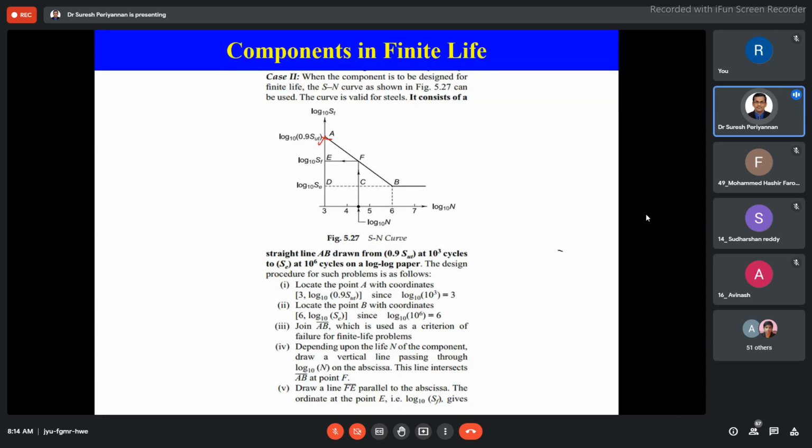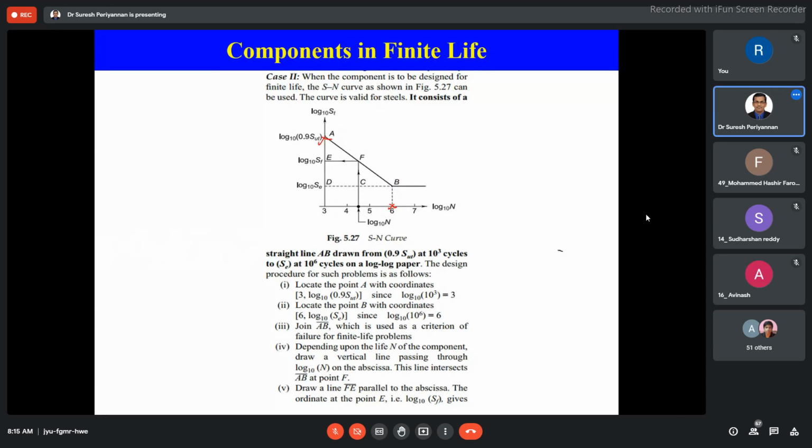This is our infinite life, the endurance strength. We are considering infinite life on the y-axis as standard. On the abscissa, we are considering log scale based on 10^6 cycles, because this is under high cycle fatigue life.